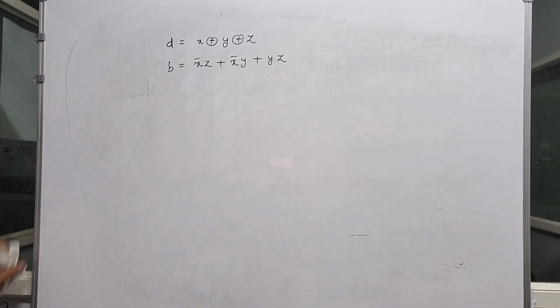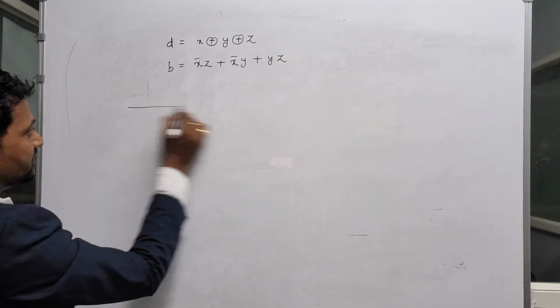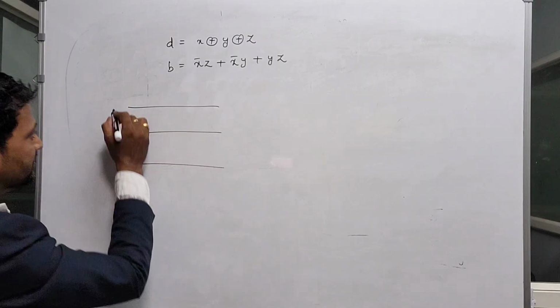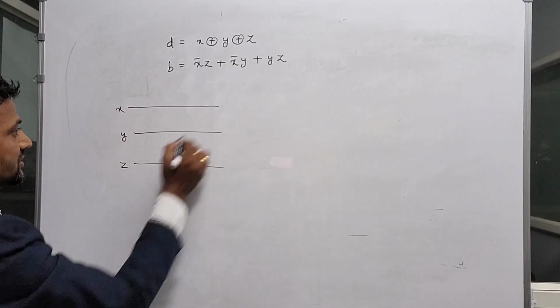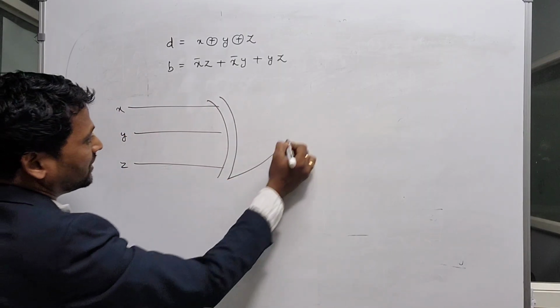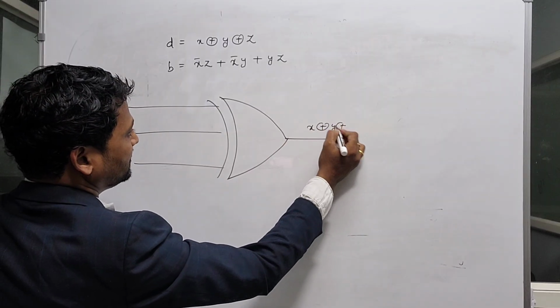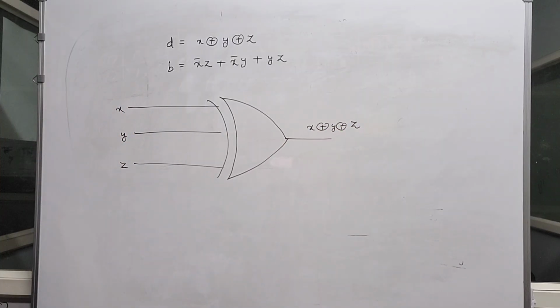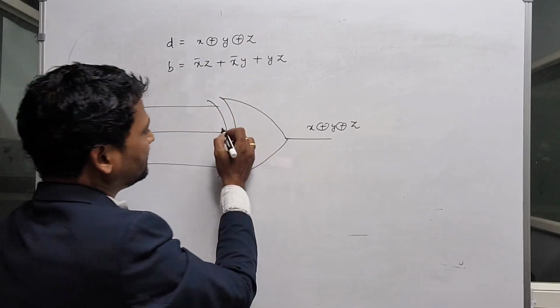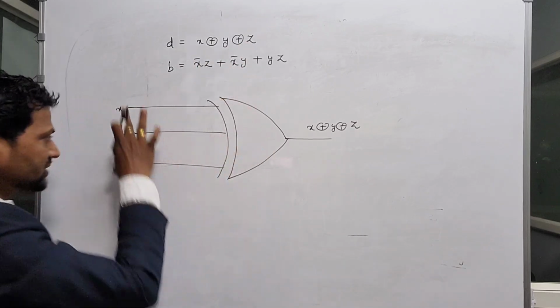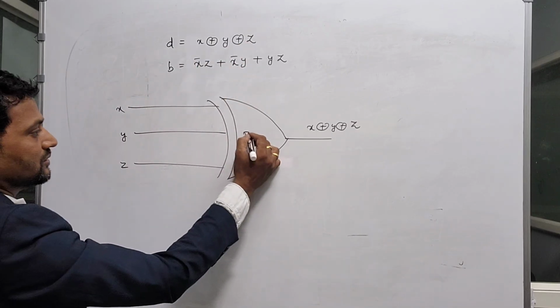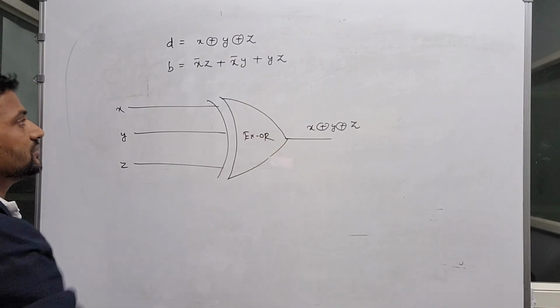Okay. So we have 3 input. We take 3 input x, y and z. You can take one XOR gate here. So it will be x XOR with y XOR with z. You can take individual. Best one is you take 3 input and take a XOR gate.